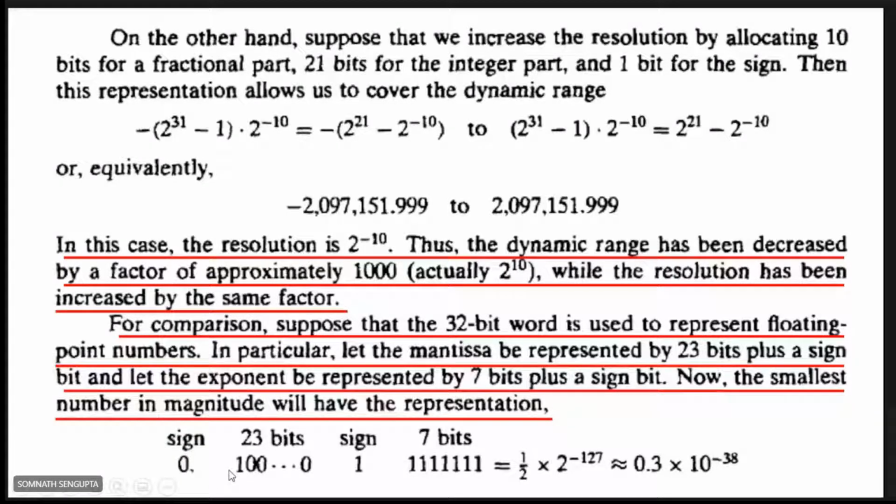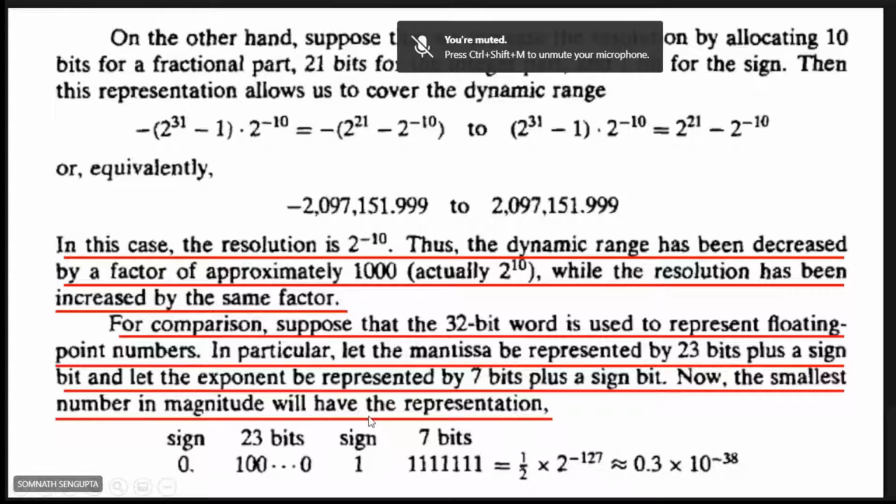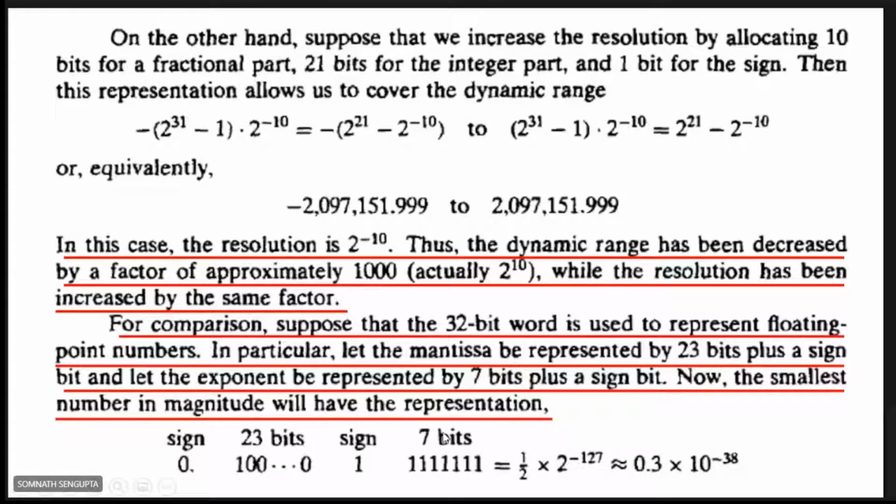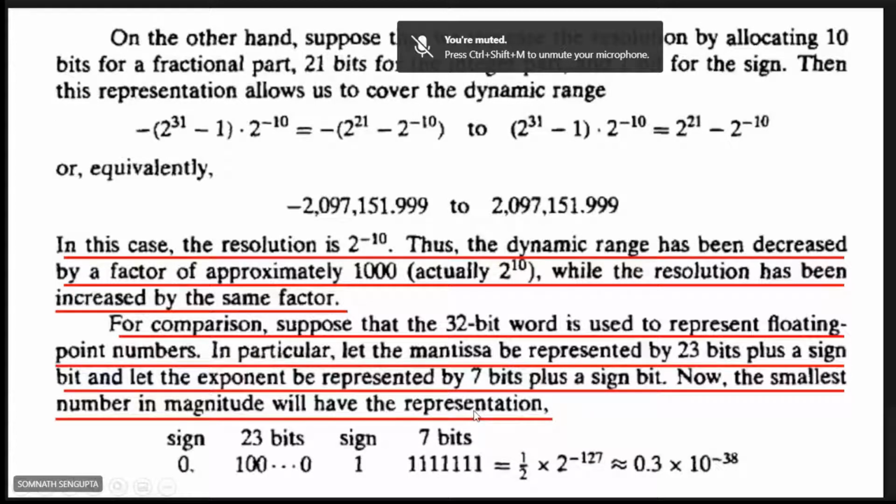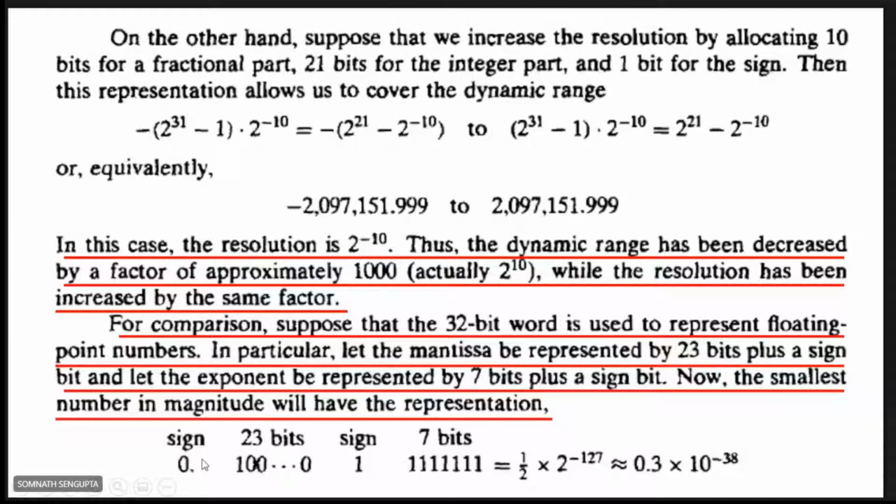The smallest number in magnitude will have this representation: 0.1, because the minimum value of mantissa is half, 1/2, which means 0.1, and the rest of the bits are 0.